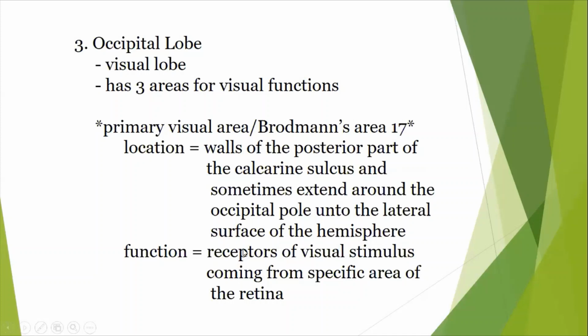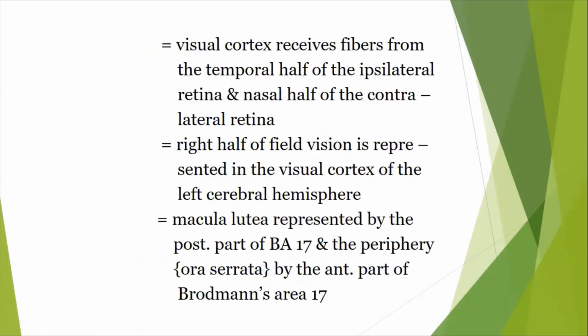Now, the function is that it receives visual stimuli coming from specific areas of the retina. The visual cortex receives fibers from the temporal half of the ipsilateral retina and the nasal half of the contralateral retina.